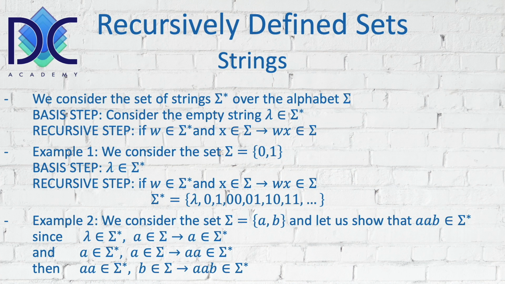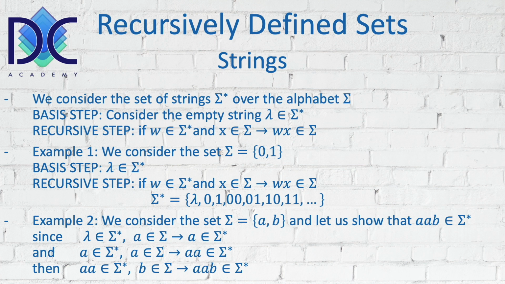We look at the set sigma. Now the alphabet is composed of two letters, a and b, and we want to show that the string aab is an element of sigma star.